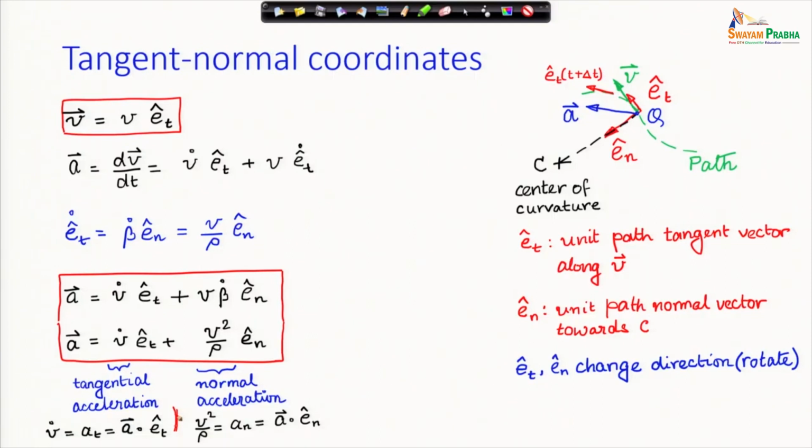If you dot product the acceleration vector with E_t cap, you get v dot, and if you take dot product with E_n cap, you get the normal acceleration, so normal to the path. So, acceleration tangential to the path and acceleration normal to the path we can find out from here, and we can also find out the radius of curvature. So, that is what we are going to look at next.